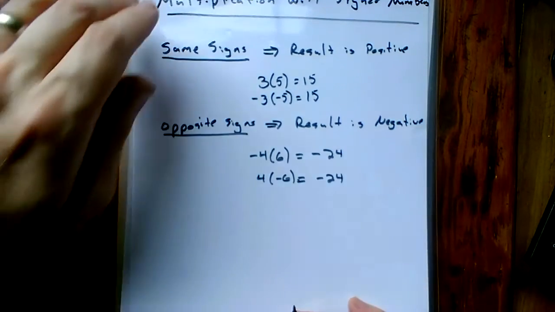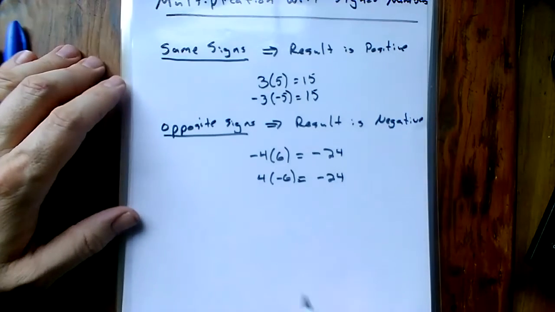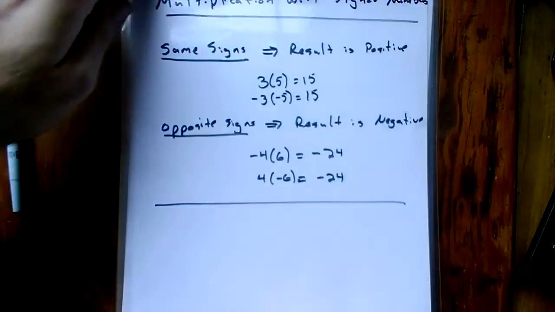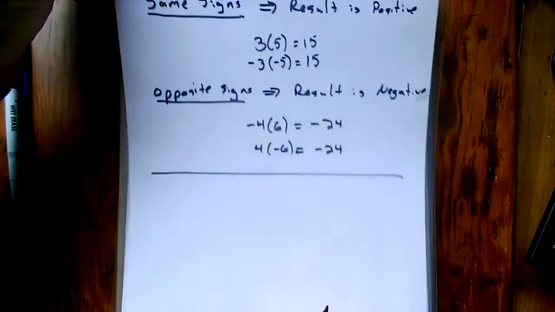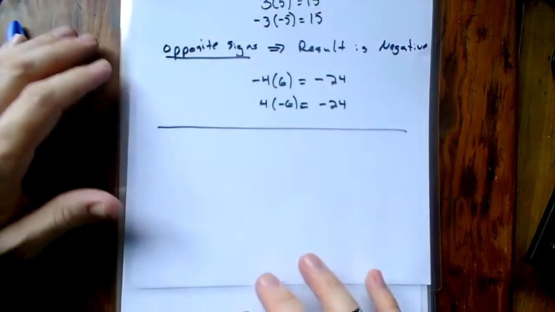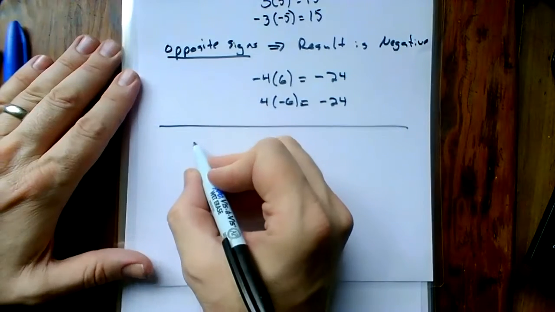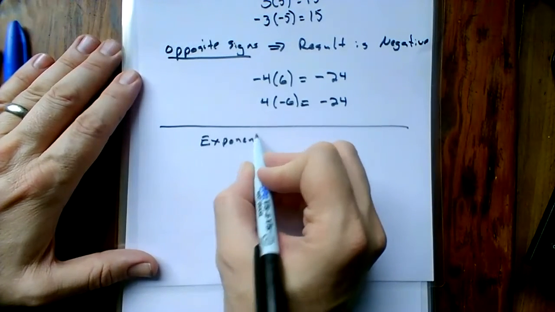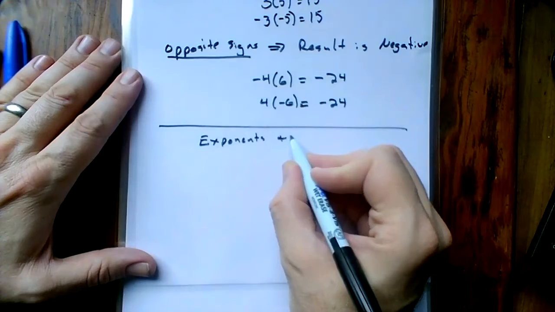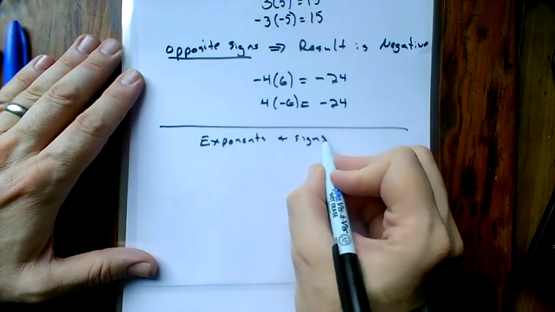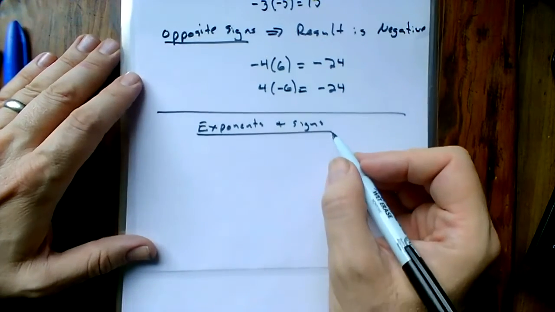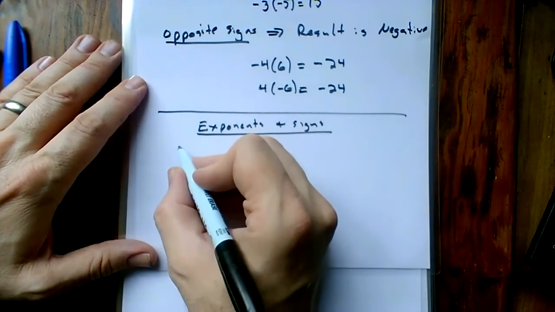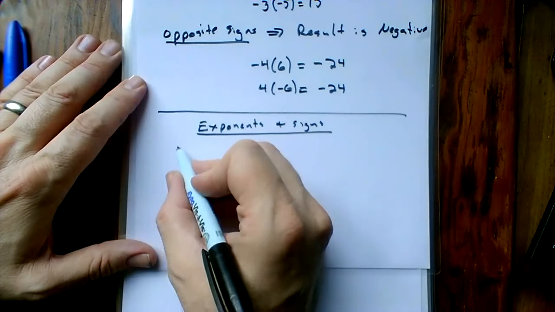Now, a couple things should be said about exponents. With exponents, it's very important to watch your parentheses. So, a rule with exponents and signs: first of all, exponents only apply to what they touch.